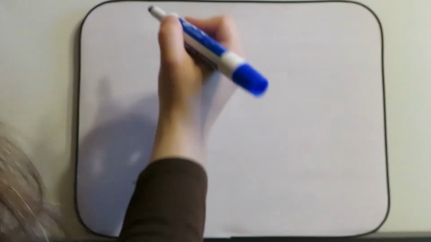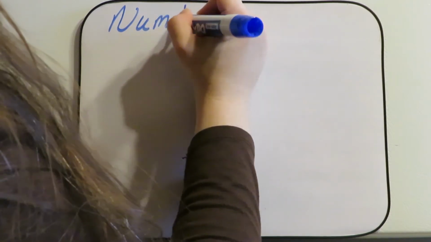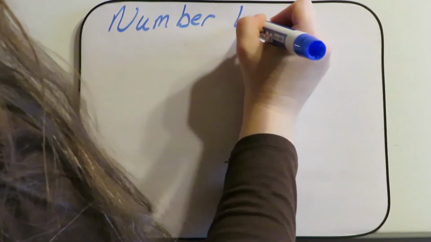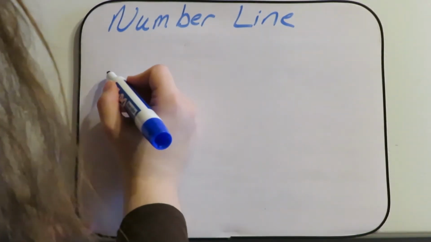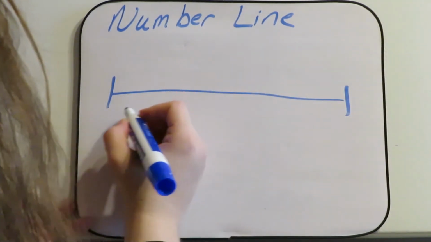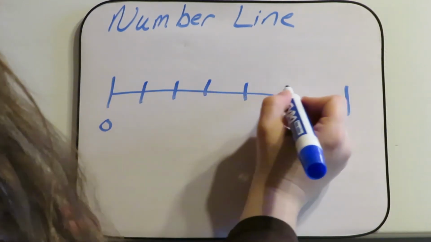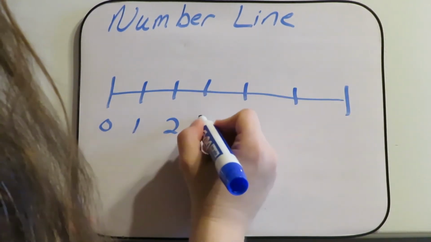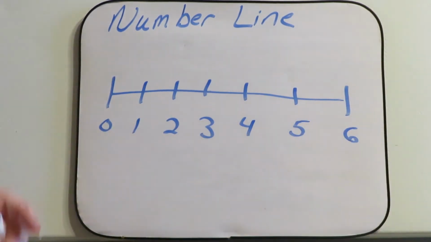Another thing we use in new math is a number line. Okay, a number line looks something like this. We teach kids to add and subtract using a number line.